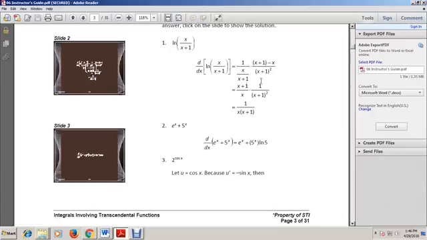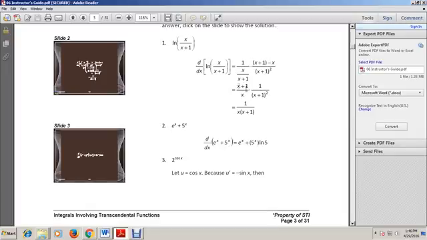Now, once you have done this process, the next step is simply to simplify using algebraic manipulations. Of course, this is division of fractions. So you have 1 over x plus 1 becomes x plus 1 over x. And in this numerator, x minus x becomes 0, so what is left is 1 over (x plus 1) squared.